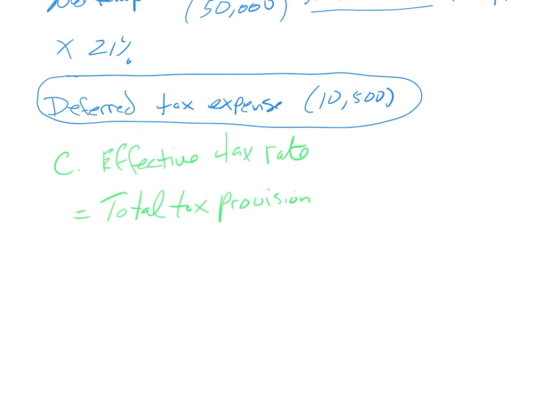So that's going to be your current and your deferred income tax expense and benefit. That's your total tax provision. And then that is over your pre-tax net income.